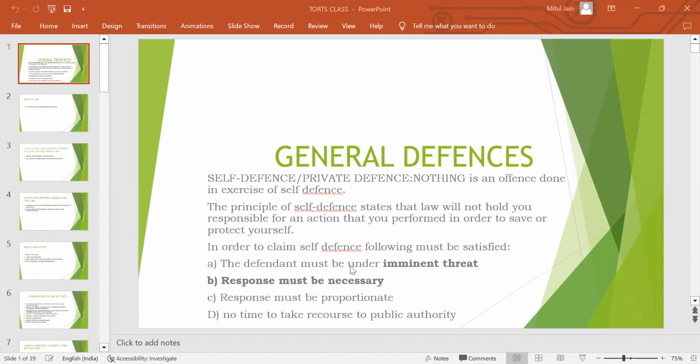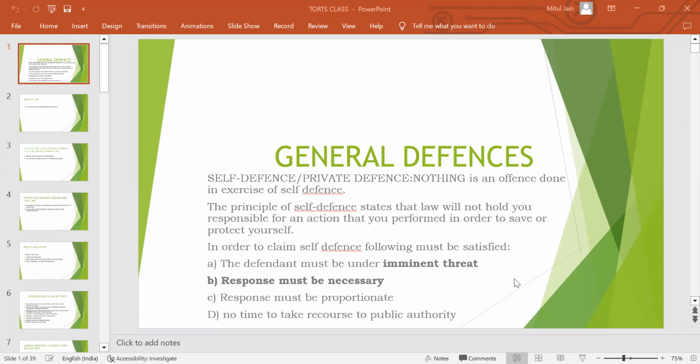The main purpose of providing volenti non fit injuria as a defense is that if a person knows about the risk and still he takes it, then in that situation he cannot claim compensation if he has suffered certain injuries.